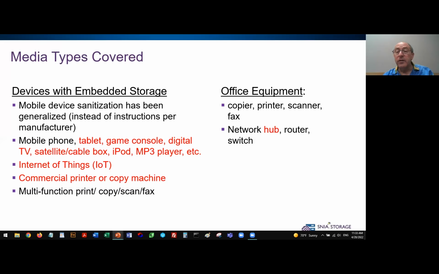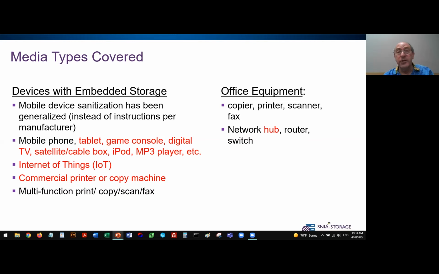I'll mention that network hubs, routers, and switches, they have information about your firewall. So if you're law enforcement and you grab somebody's router, you can find some interesting information about what websites they've been going to and which websites they've been blocking. Commercial printers, they have storage in them too.